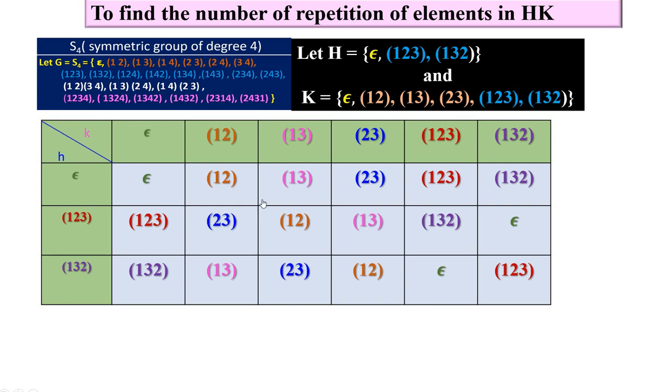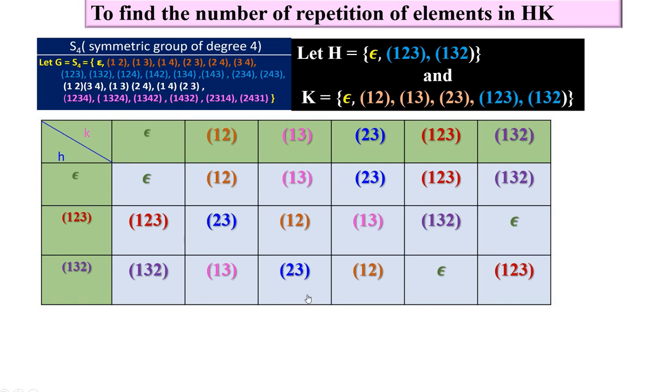So totally how many? See here we are getting 3 times 6, so 18 elements. But each one is repeated 3 times. So that means when we count the number of elements, repeated elements we should not consider. So totally we have only 6 elements, but each one is repeated 3 times.